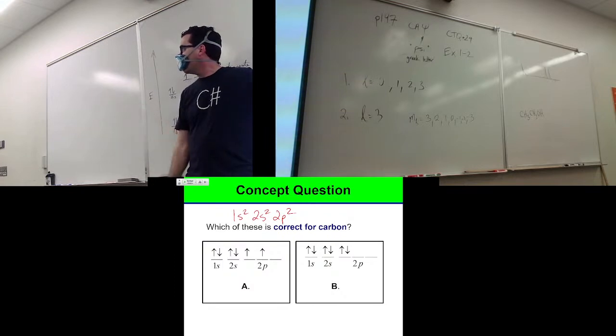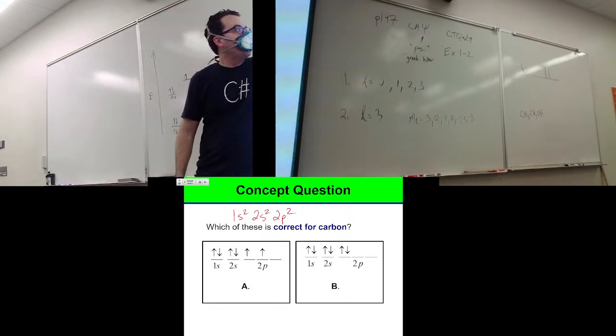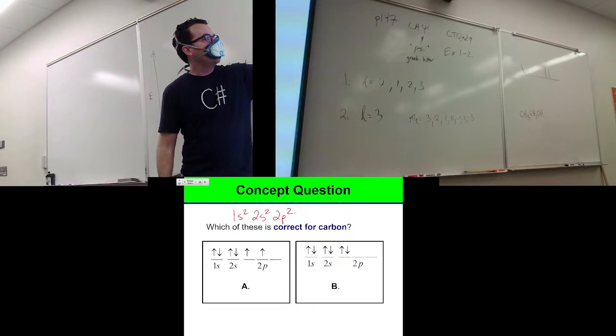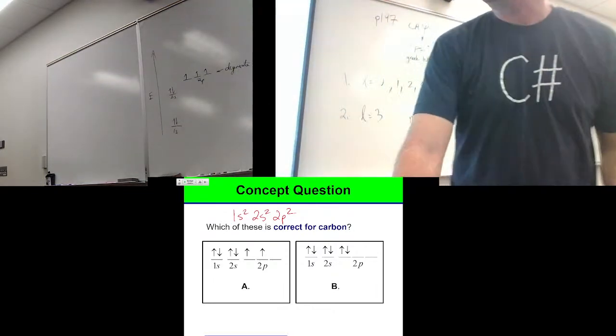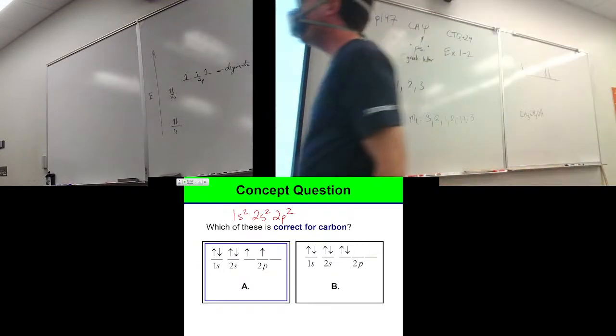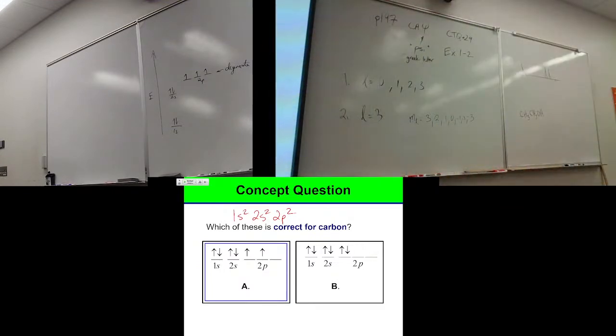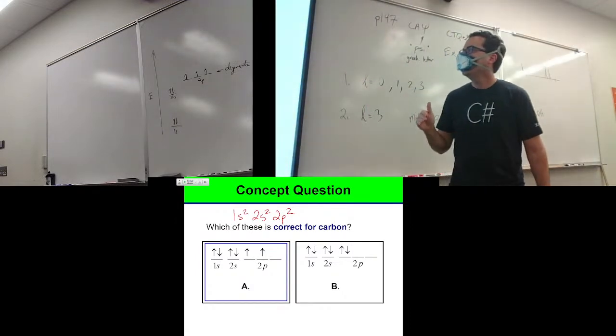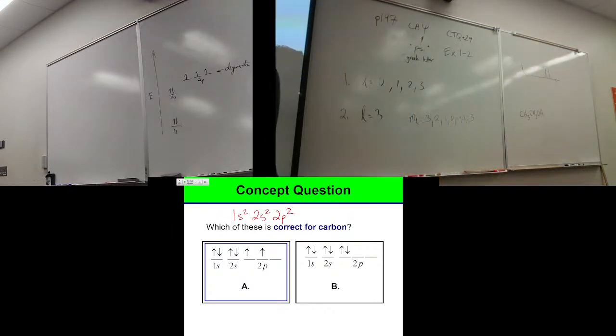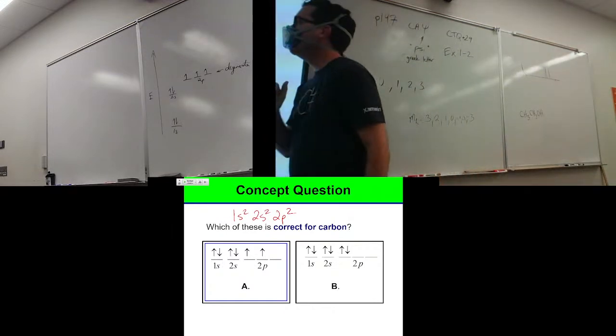So 6 total electrons for carbon. And both of these are showing 6, but only A is showing using Hund's rule correctly. If you're going to put electrons into degenerate orbitals, so these p orbitals are all the same energy, you have to put 1 electron in each before you pair them up like this.